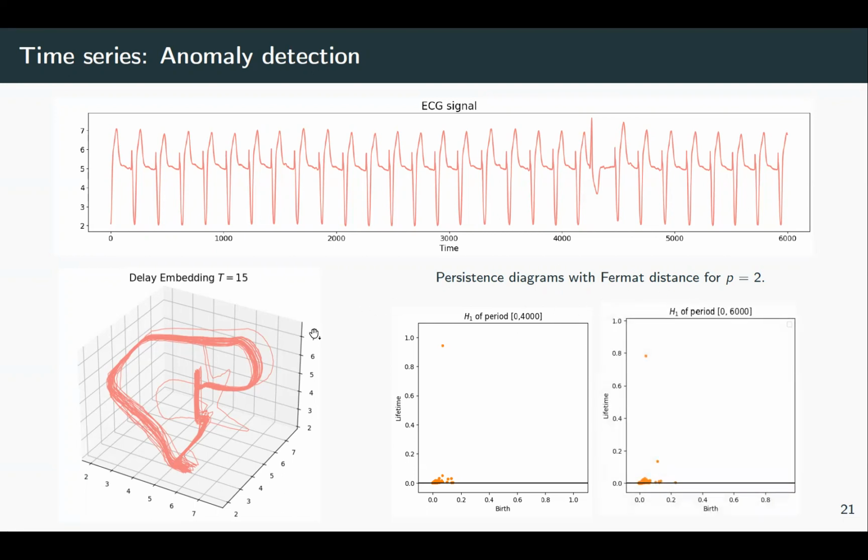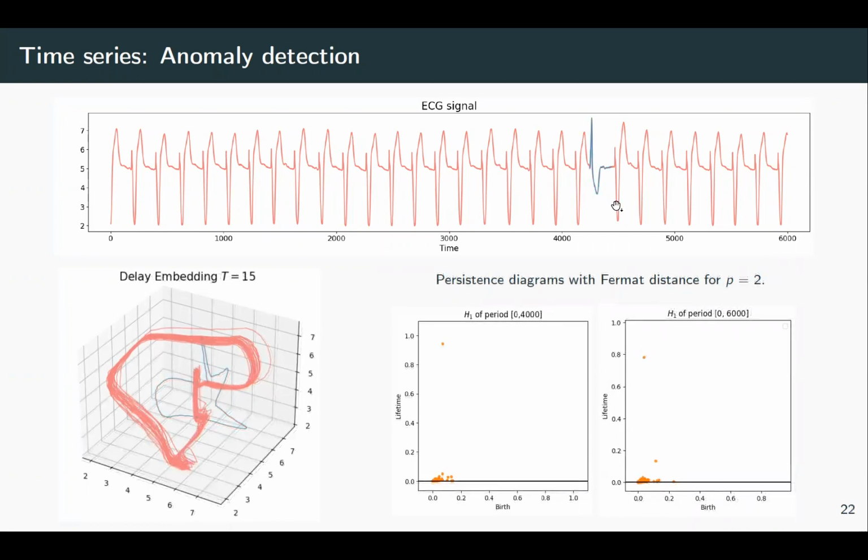And if you compute the embedding up to the value at the time 6000, you have a new generator in the first homology group. So what's happening is that the embedding of the orange part of the signal, this periodic pattern, is this noisy curve in orange, but this anomaly here is producing a new cycle, okay?